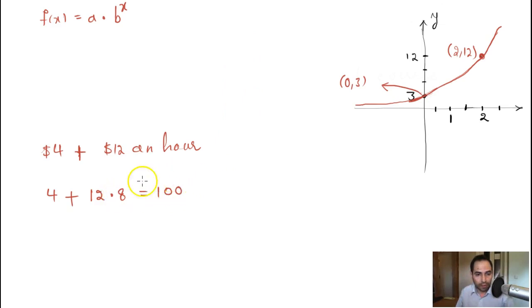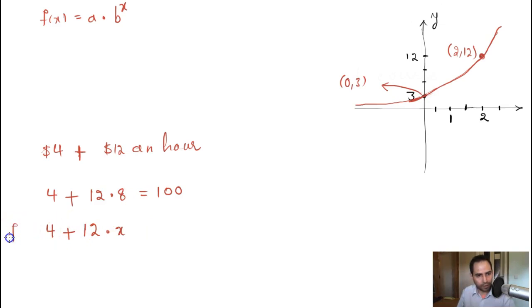So now this is an expression that tells you how much money you have at the end of that day. Basically, you can rewrite this: you already had $4, and then you get $12 an hour. So if you take the number of hours as x, then you have 12 times x, and this expression gives you the amount of money that you have after x hours.